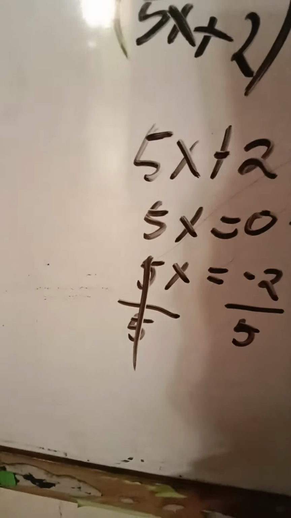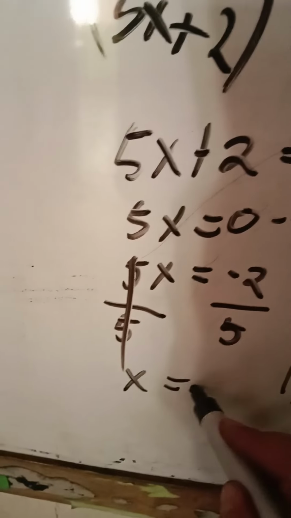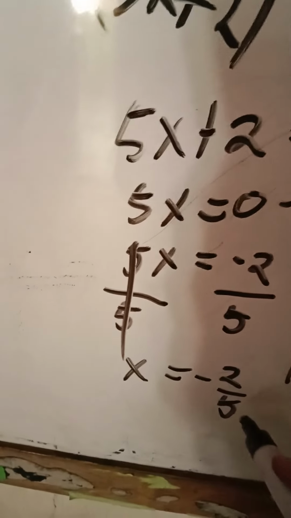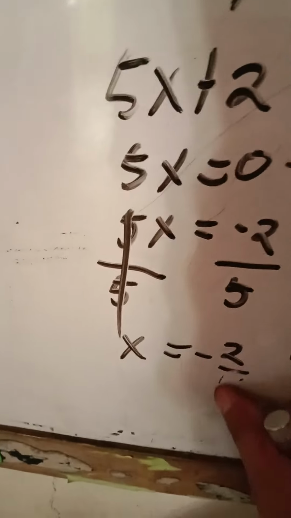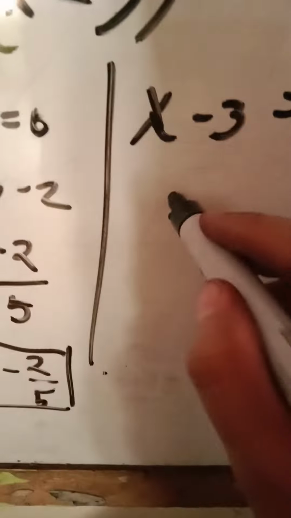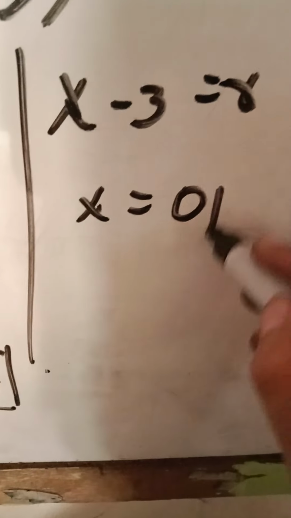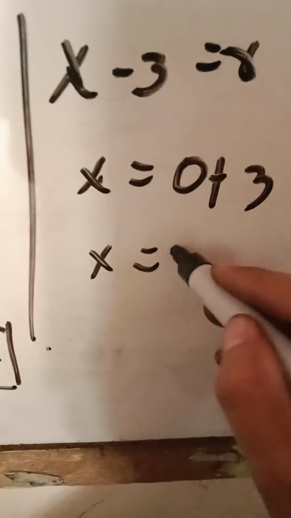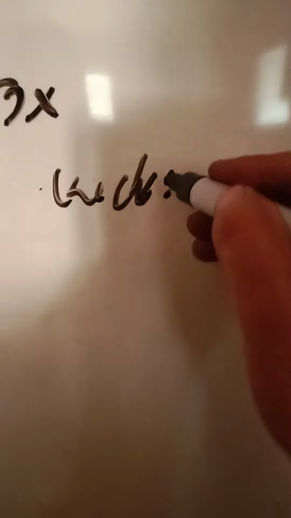So cancel the 5. x is equal to negative 2 fifths. The other side is x minus 3 equals 0, so x is 3. To check if our answer is correct, we have to substitute the value of x into the equation.